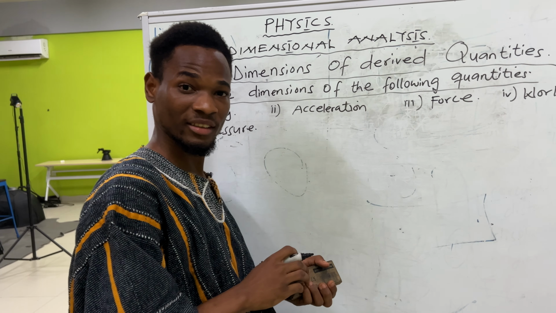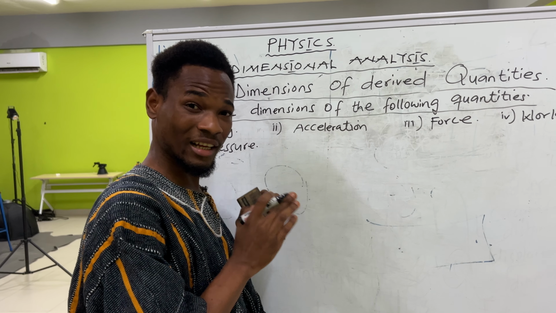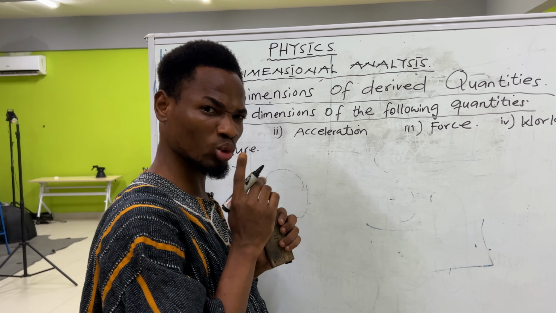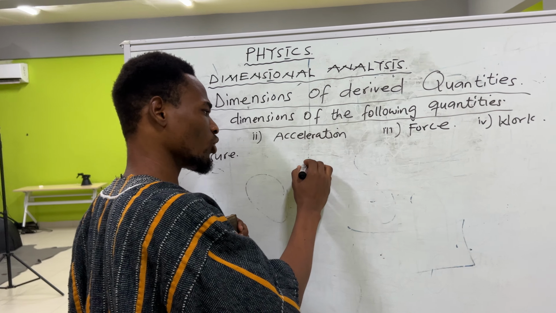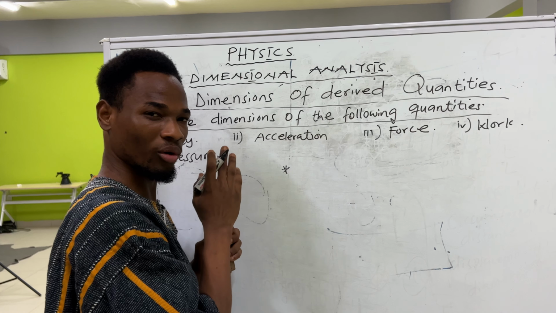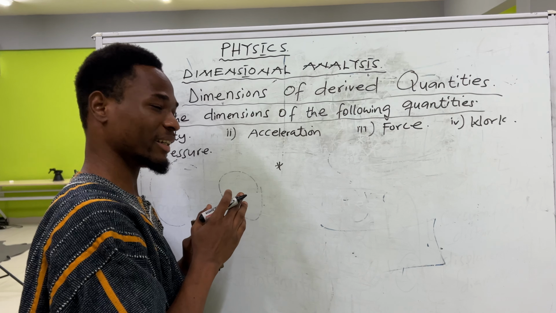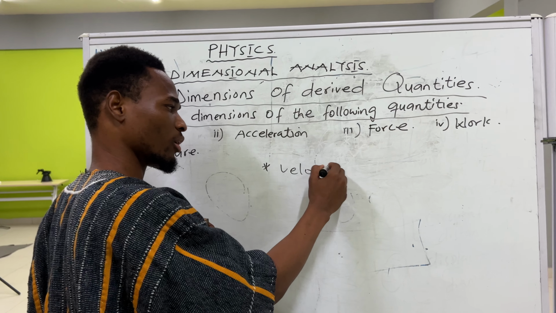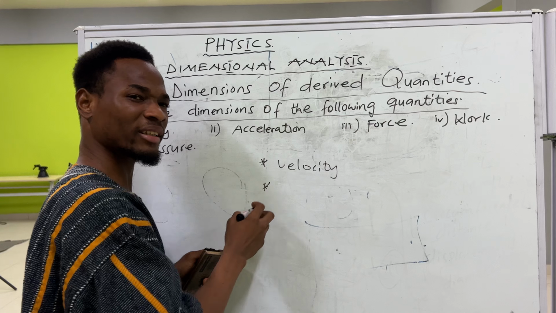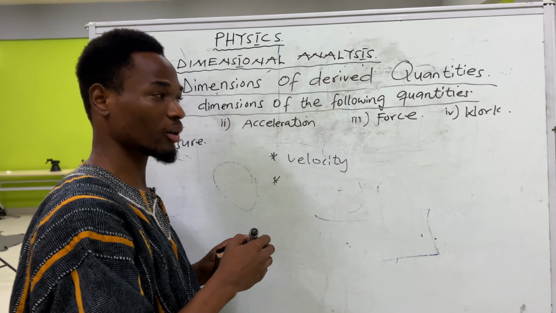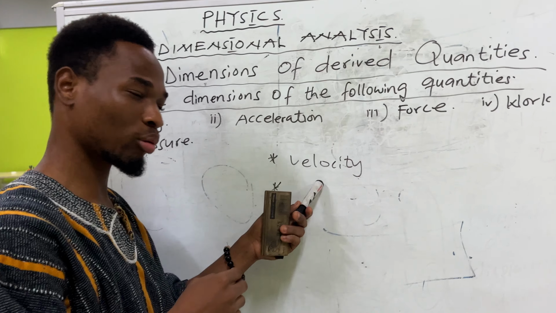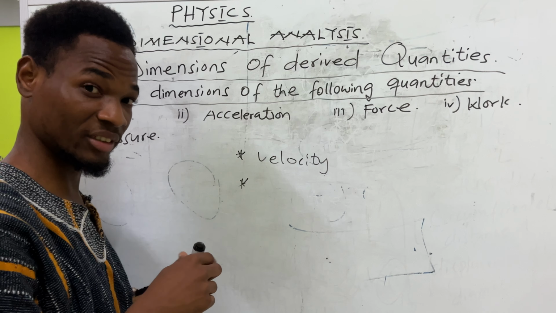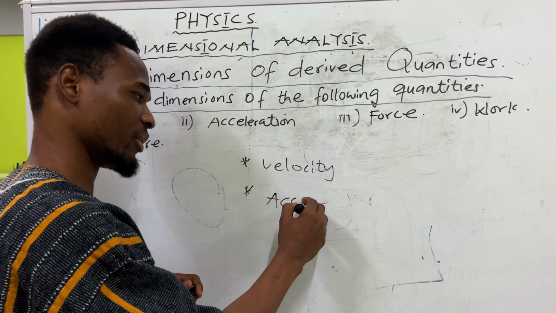Now, I want to pinpoint some things to you. In dimensional analysis or the dimensional method, just note this. Inculcate this into your brain. The dimension of the following: velocity and acceleration. Have you realized that most times when we are writing the dimension of quantities, we mostly employ velocity and acceleration?